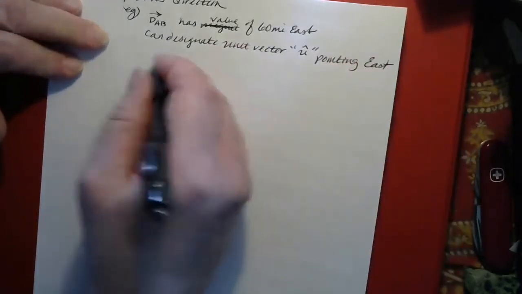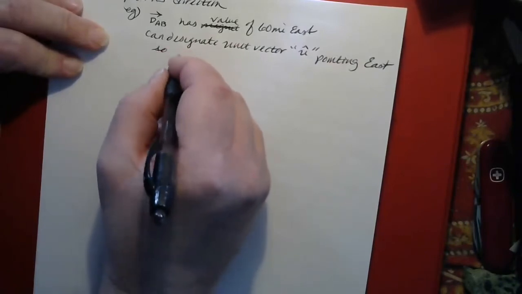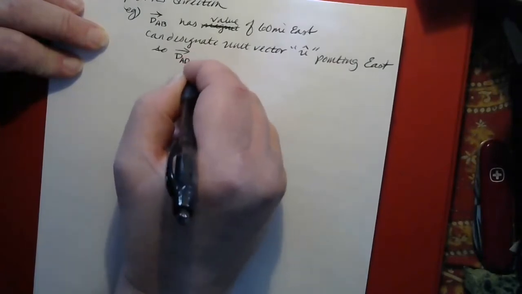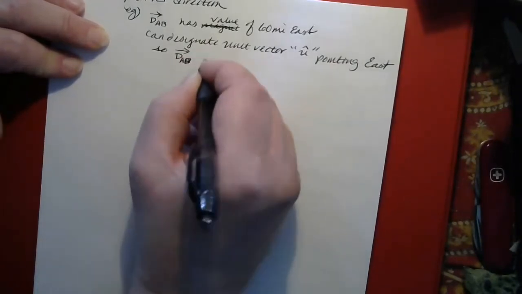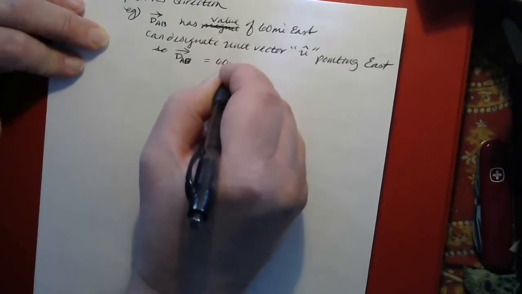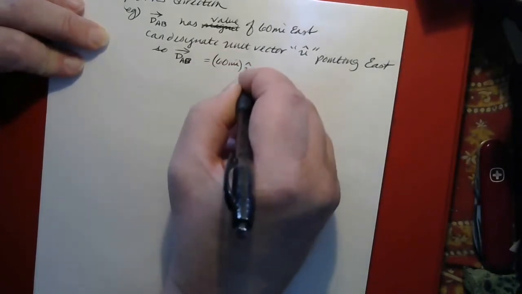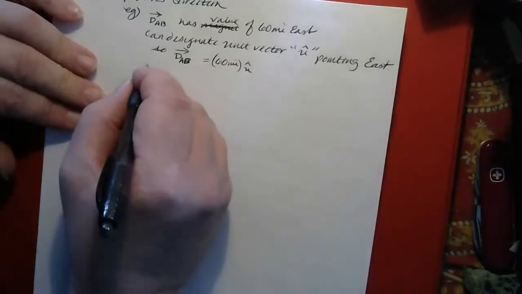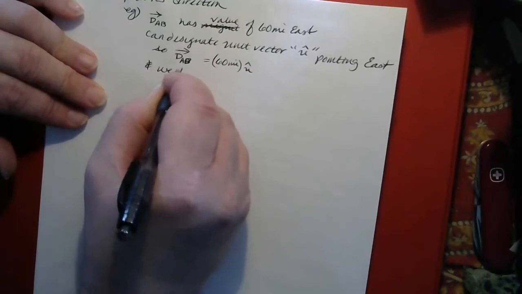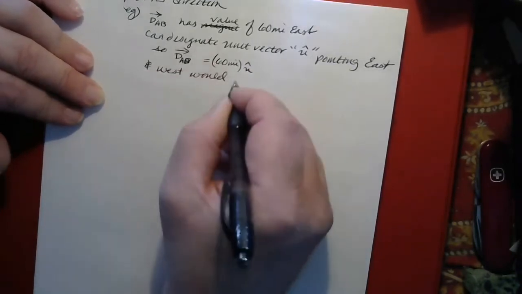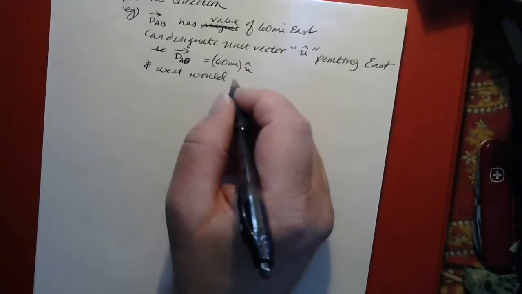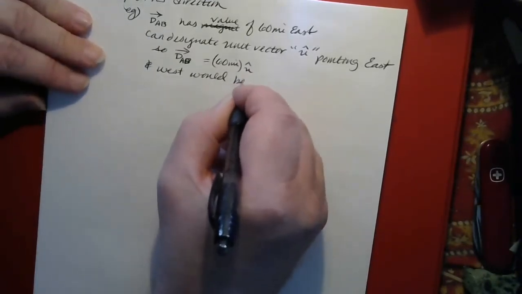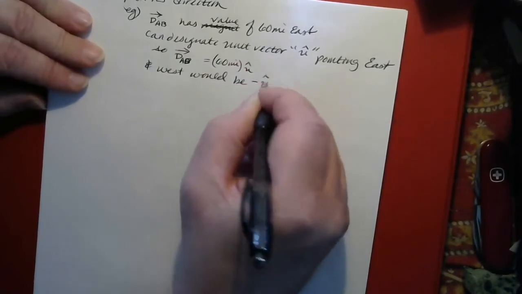And it would point east. And so you could also write vector AB as 60 miles times the unit vector. In this system, the direction west would be negative U. That is the negative of the unit vector.